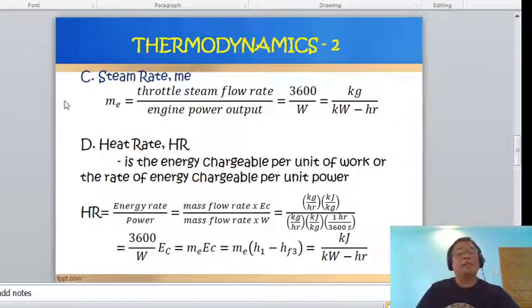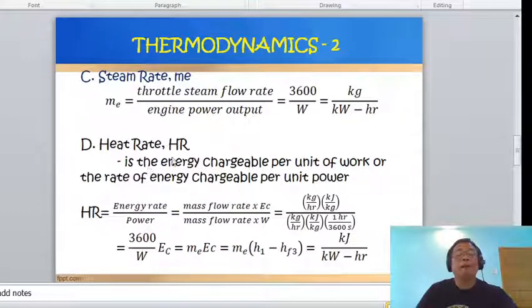Another one class is heat rate. So what is heat rate? Heat rate is the energy chargeable per unit of work, or the rate of energy chargeable per unit power. So we have here energy rate divided by the power: mass flow rate times energy chargeable, over mass flow rate multiplied by W. The unit of mass flow rate is kilogram per hour, and energy chargeable is in kilojoules per kilogram.